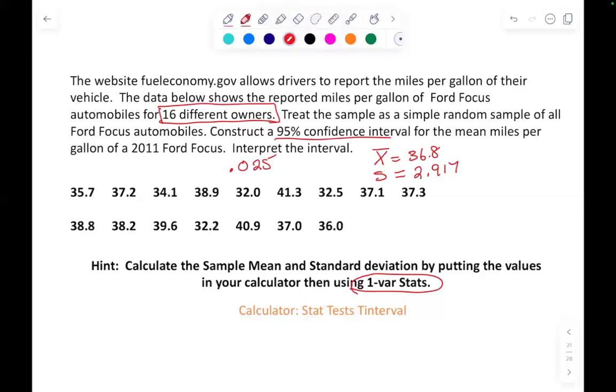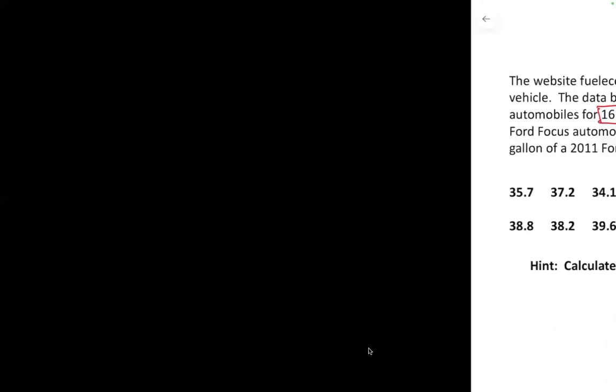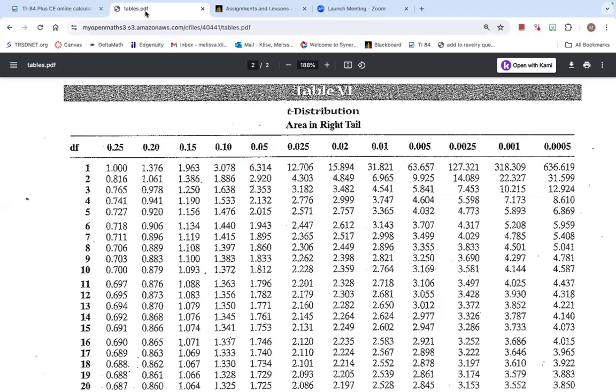So 15 degrees of freedom and 0.025. So my table is right here, 0.025. Go down to 15. So my t value, t sub alpha over 2, with 15 degrees of freedom and 0.025, is 2.131.